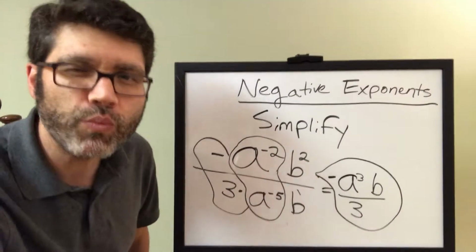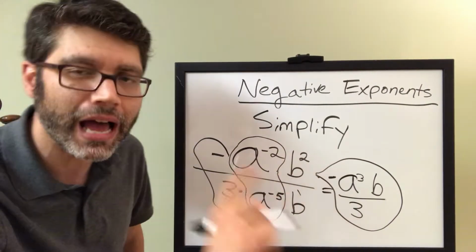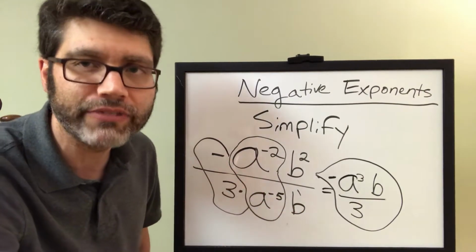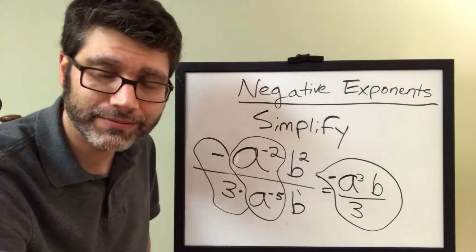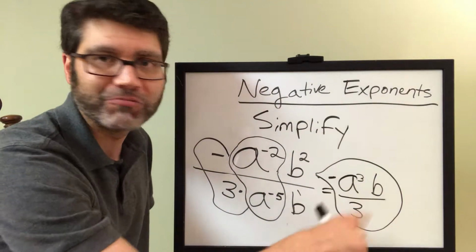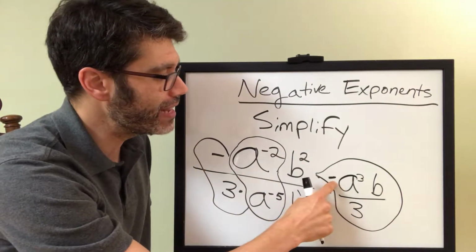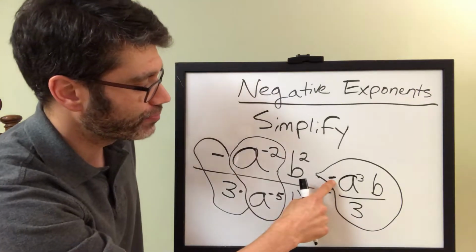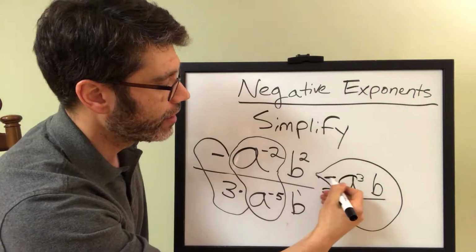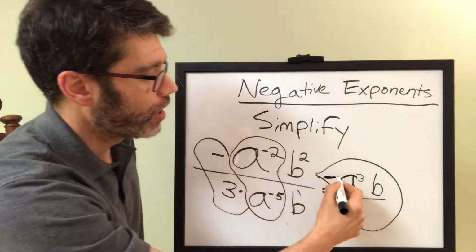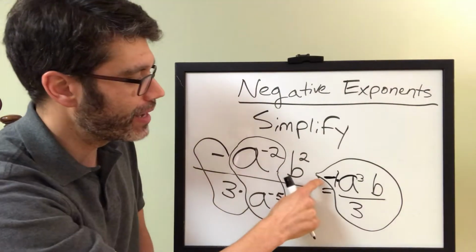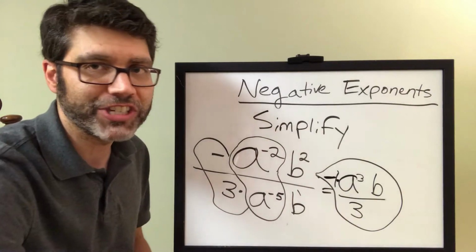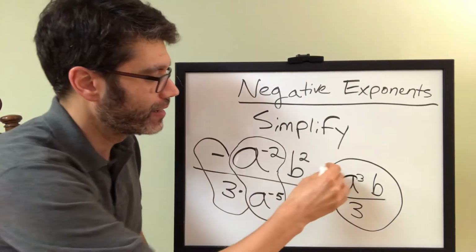Now you might be saying, wait a second, I thought there couldn't be any negatives in our final answer. There couldn't be any negative exponents. There are no negative exponents here. There is a -1 as a coefficient here. All right, but a -1 coefficient, that's not an exponent.